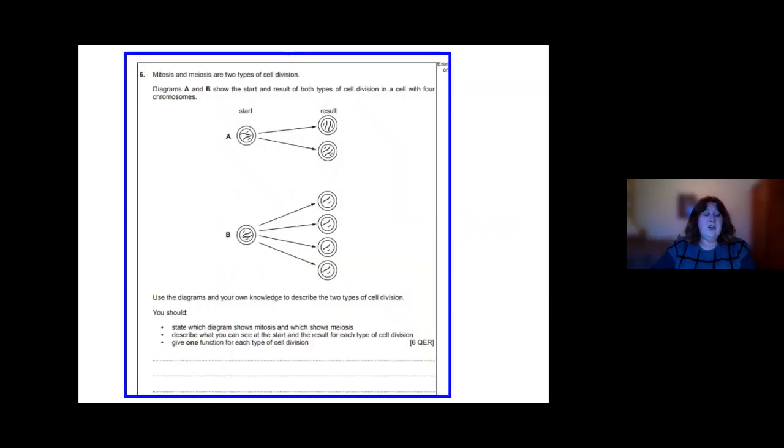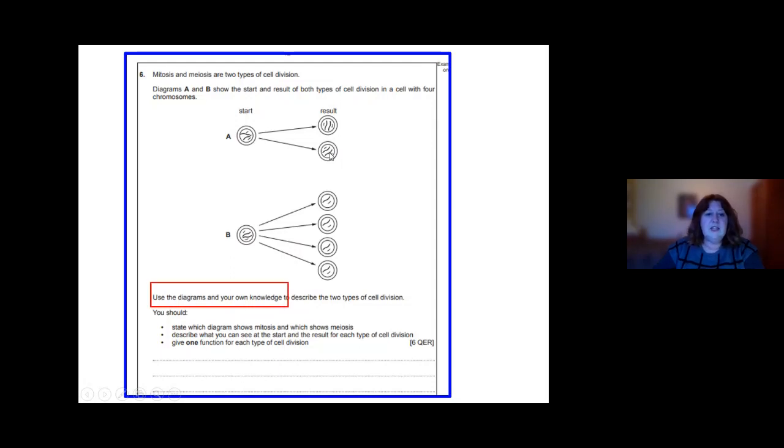Another type of question that you could come across would be a longer answer question. And in this one, we can see the two different processes. We can see that there's just one cell division in A, and in B it also appears that there's one cell division, but the important thing to pick up is we are producing 4 cells and they've got half the number, whereas in A, we've got identical numbers of chromosomes in the results.